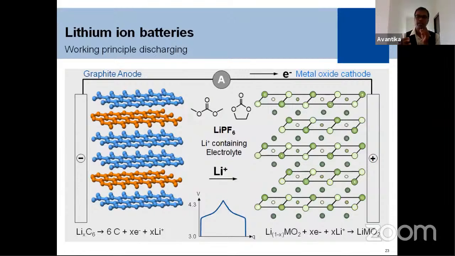There is a lot of trial and error in order to improve the performance of the cathode side. I will explain one example in a future slide. I hope you now understand the basic working principle of lithium-ion batteries.